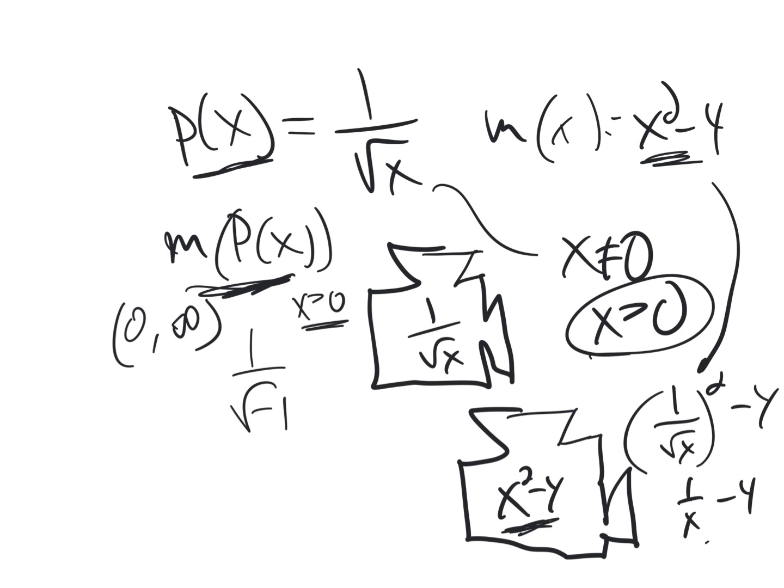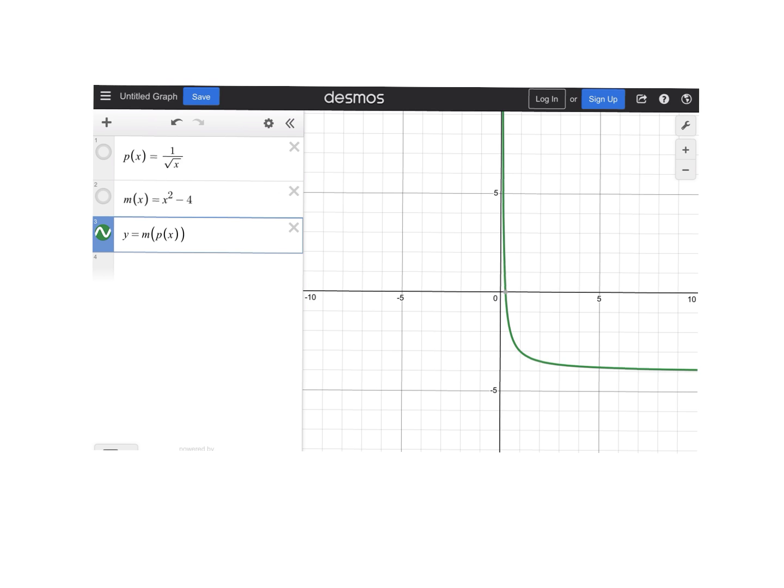Give me a second, I'll get a graph, and we can see this will show up. So you see how, sorry, there's the p of x, there's the m of x, and then I nested p inside of m. And remember how we said x has to be greater than 0 is still the domain, and you can see that now in this graph. This is not making a mistake.